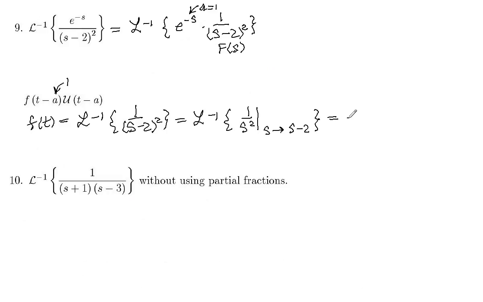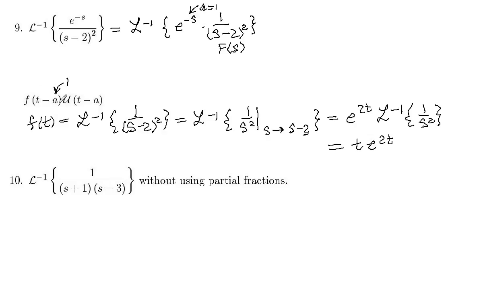So this is going to be an e to the 2t, because 2 is the amount of our shift. And then we're doing the inverse transform of the unshifted function, 1 over s squared. And that inverse transform is t. So this is actually t e to the 2t. So that's our f of t.